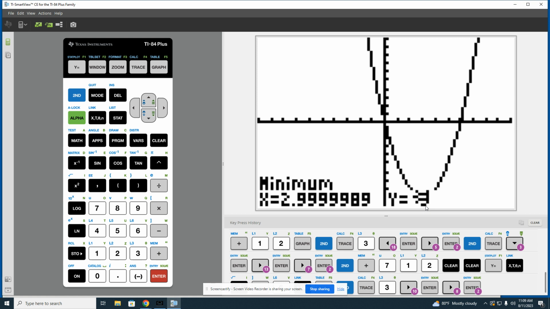Now, let's make a connection. As this graph moves from left to right, what's it doing right off the bat? It's decreasing. Vaughn, where did it start decreasing? Negative infinity. Now here's the key. Y'all see my minimum, right? 3, -9.